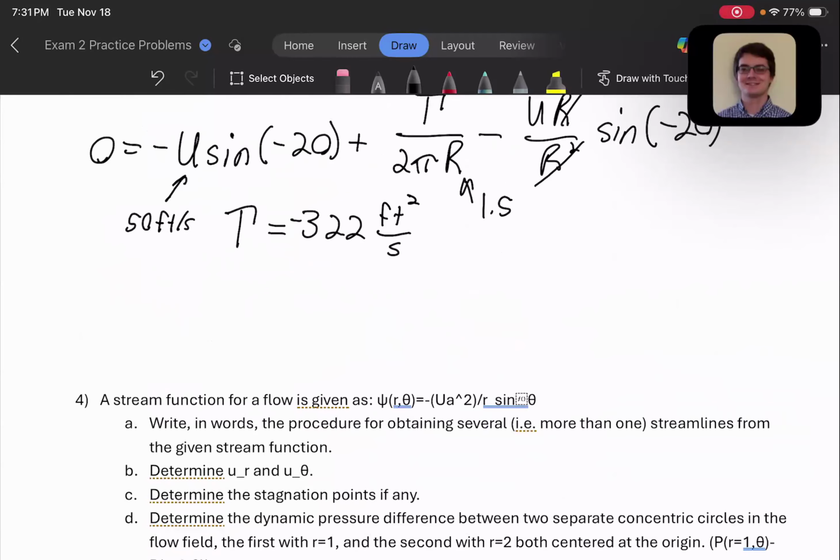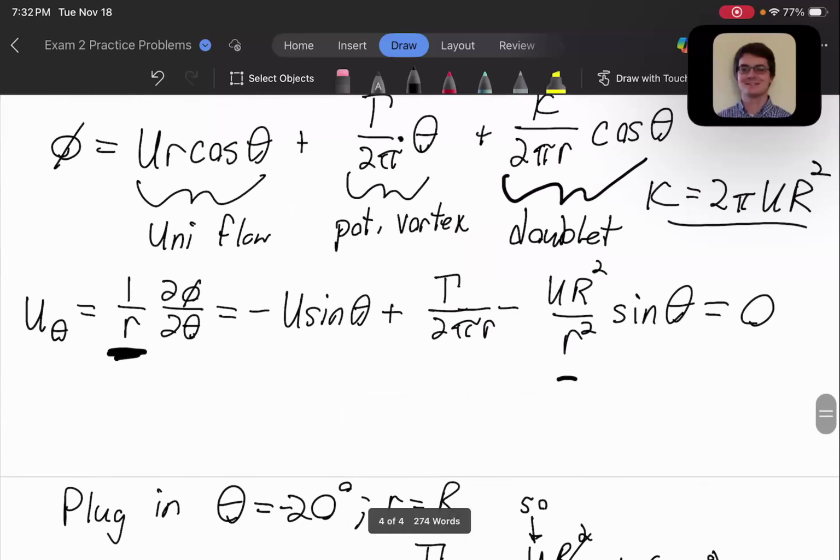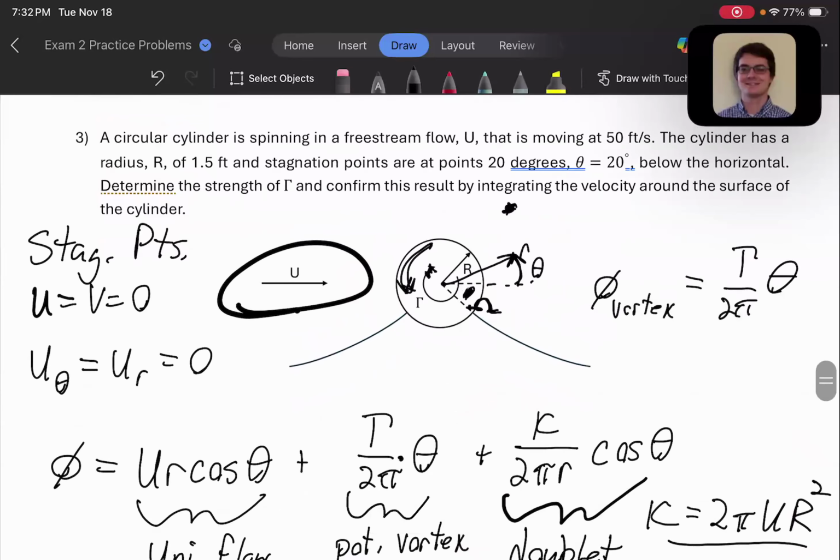So in doing problem 3, the problem basically asks you to integrate the velocity around the surface to confirm this, right?